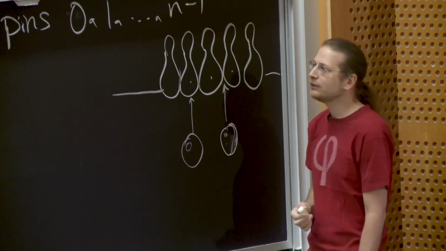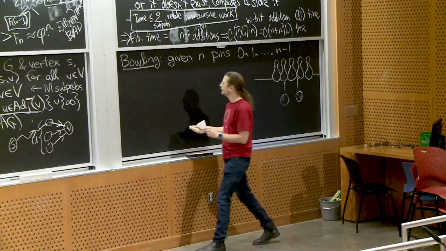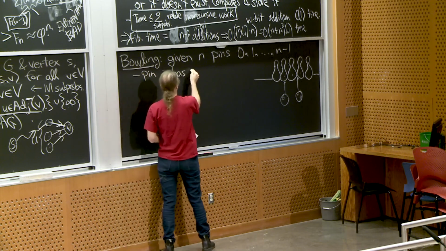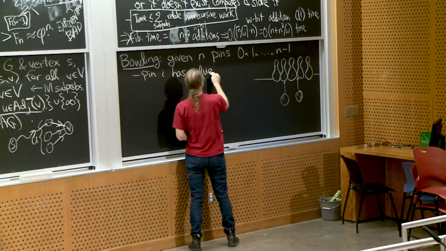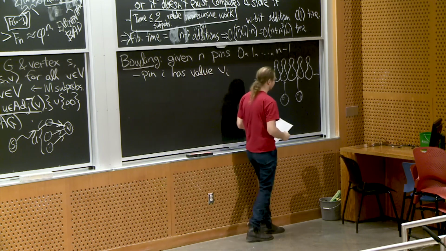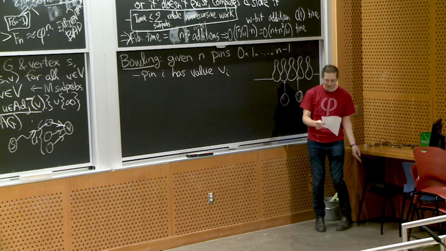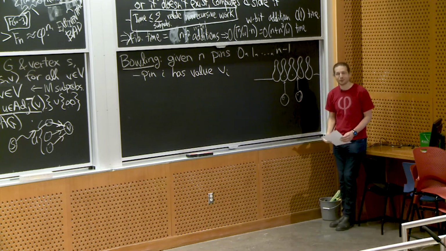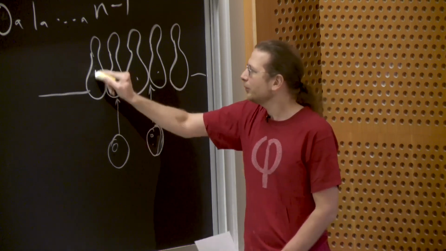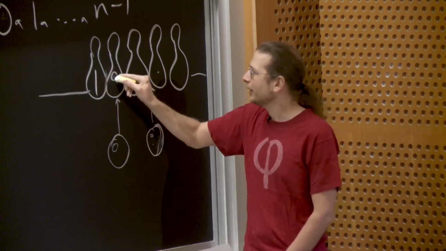Now, what makes this interesting is that the pins have values. Pin i has value v_i. This is obviously a toy problem. Though this type of bowling does go back to 1908, it was also a toy problem in that setting. So each of these bowling pins has some number on it.